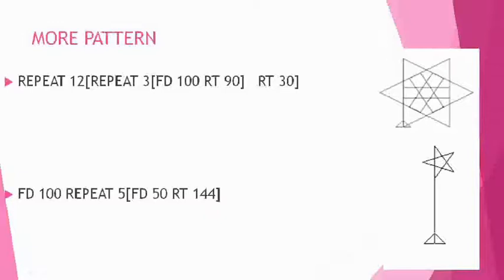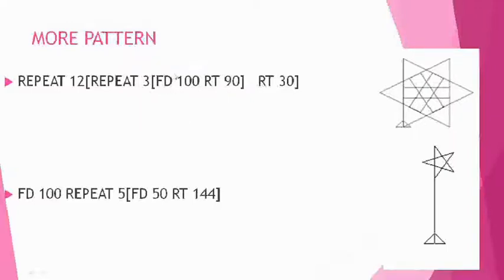Now for this pattern, what do I need? This is nothing but a line. This is also 3 times. This is not creating a circle, but this will create one angle. Now, this also we are repeating. Repeat 12, repeat 3, FD 100 RT 90. Remember whenever it enters here, what is happening? Repeat 3, FD 100 RT 90.